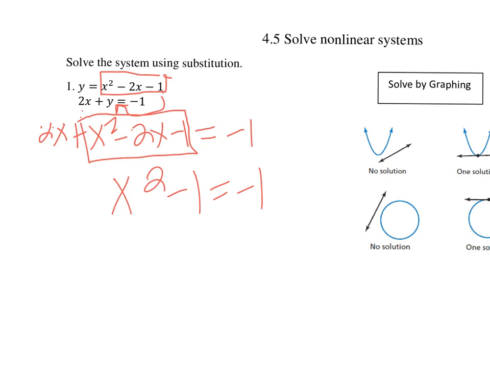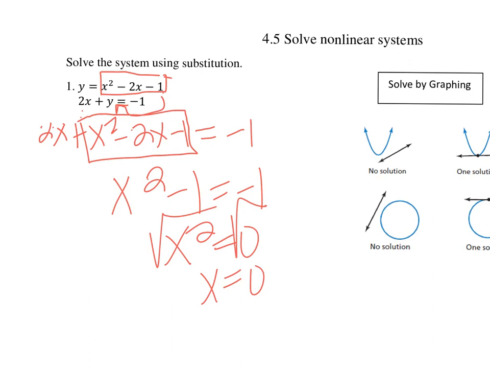If I add the 1 over, I get x squared equals 0. And to solve for x, I'll square root. Well, that's just 0. Okay? So we have a solution at 0, comma something. All right. So now I need to plug in the 0 for my x, but I need to go back to that first equation and plug in 0.